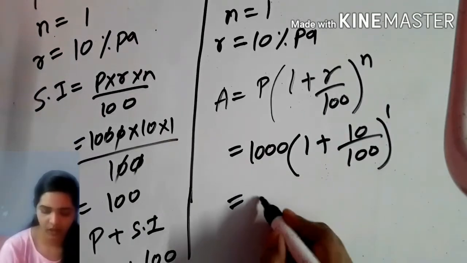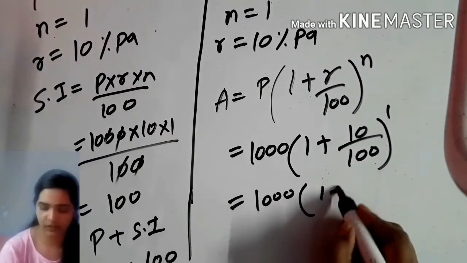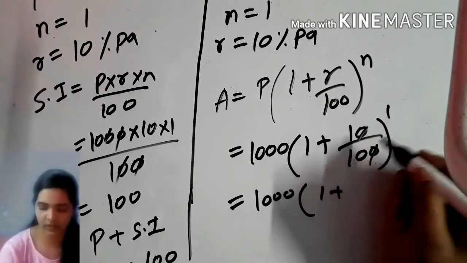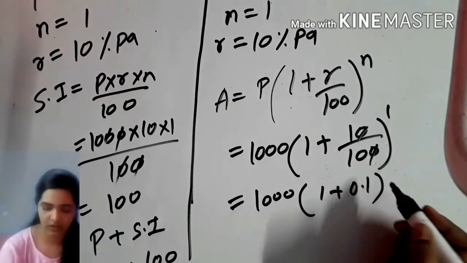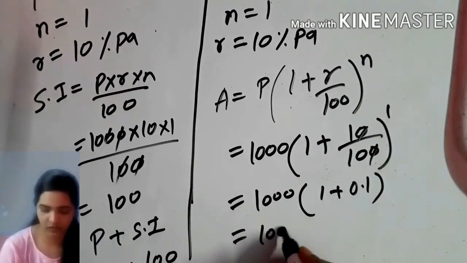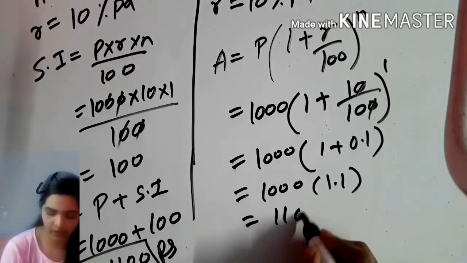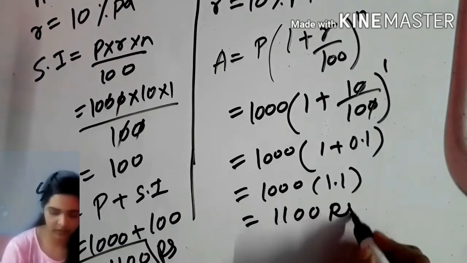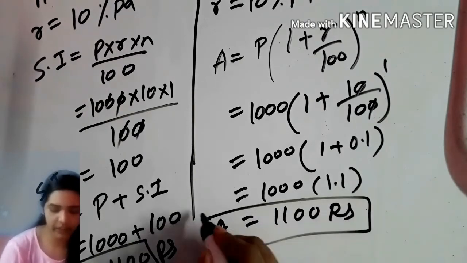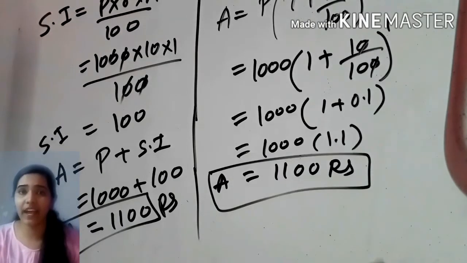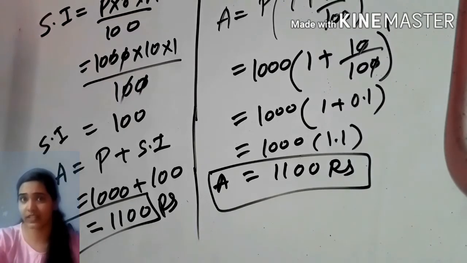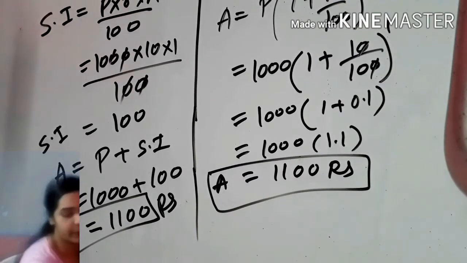So 1000, 1 plus 0.1, raised to 1 is 1 only, 1.1, and after calculating you get this amount. So the amount we are going to receive in SI and CI for the first year itself. If you invest for 1 year, there is no difference between the two.